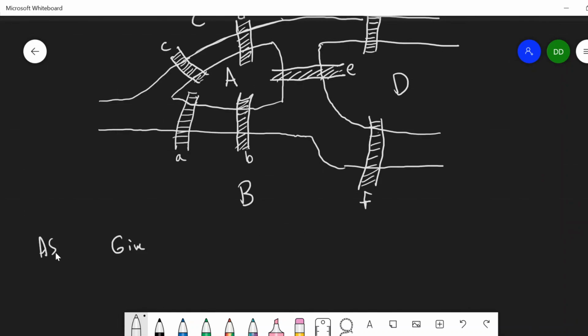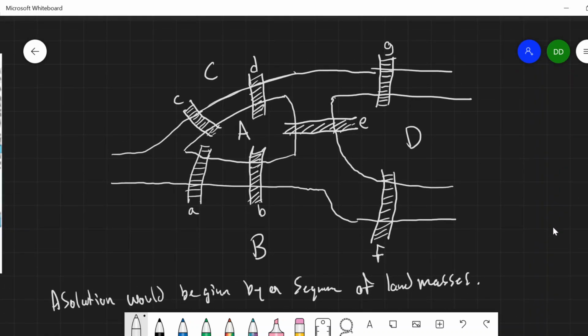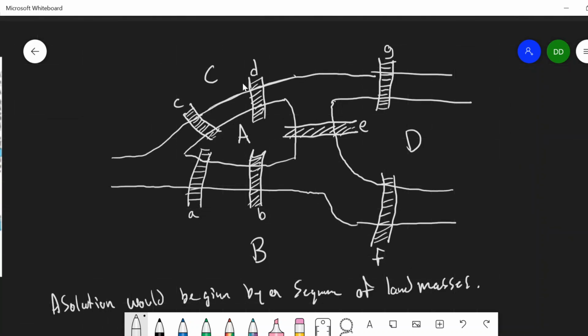A solution, that is a route that crosses each bridge exactly once, would be given by a sequence of land masses. That's one way to give a route, is to give a sequence of land masses, these capital letters.